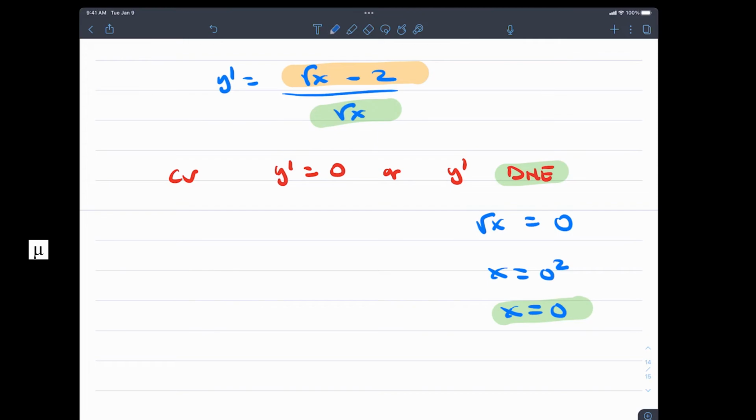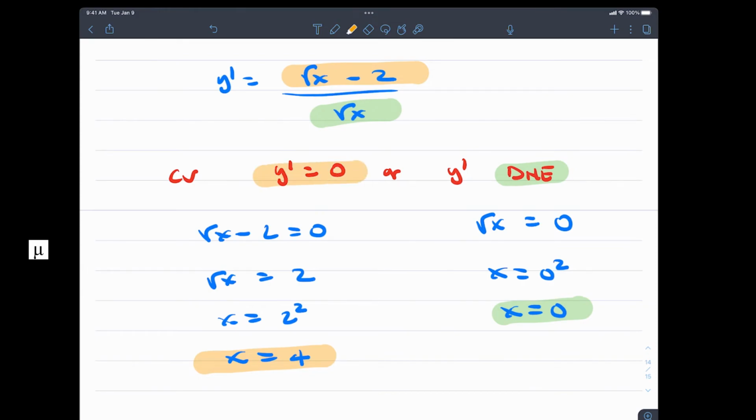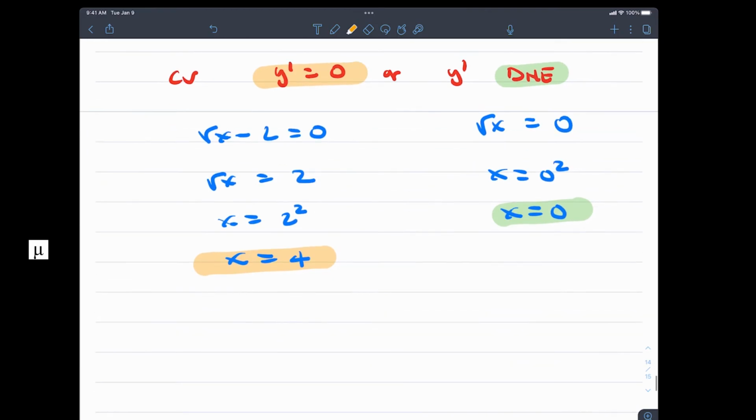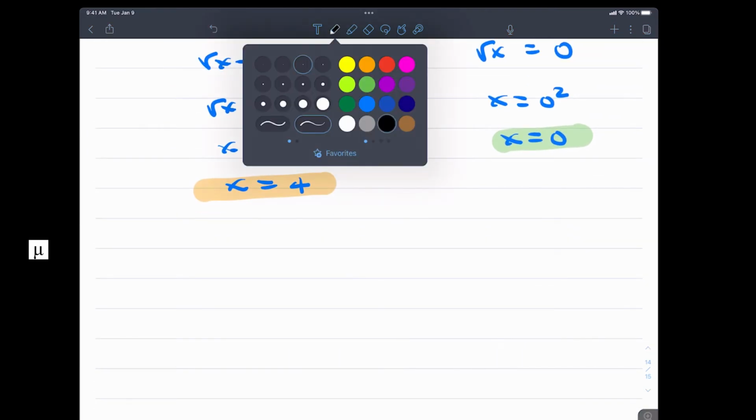But where is the derivative equal to 0? Well, the numerator, the square root of x minus 2, has to be 0, which means the square root of x is 2, which means x is 2 squared, or we say x is 4. So at 4, the derivative equals 0, because your derivative is a fraction. So even looking for these points is all a part of your sign analysis procedure here.